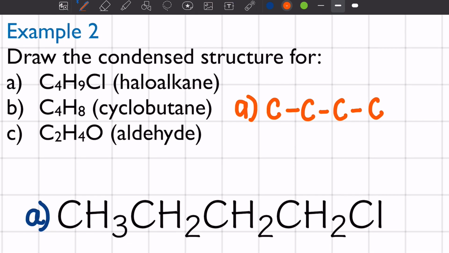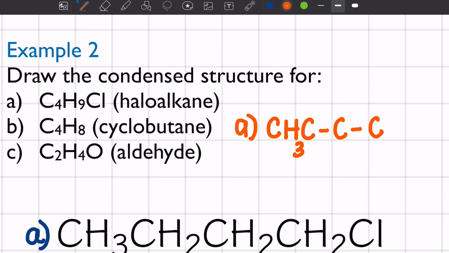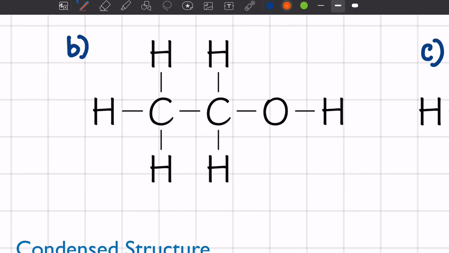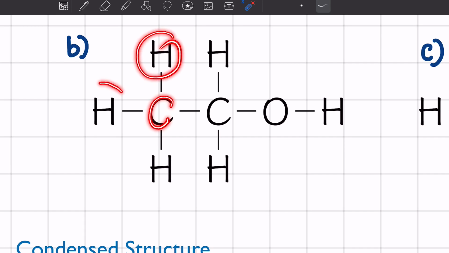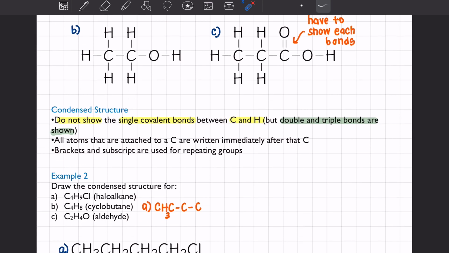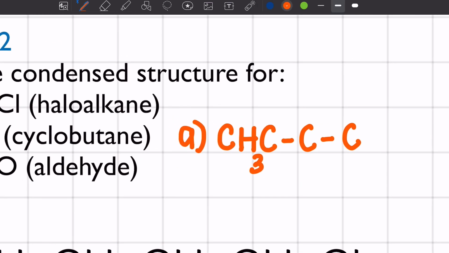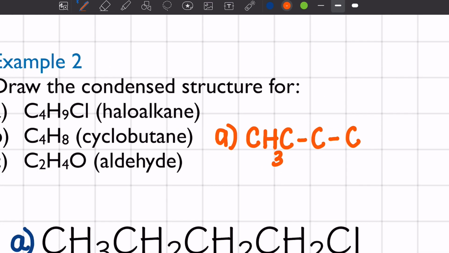Lepas tu, each of the carbon, carbon hujung dia ada 3 hydrogen. Like this, C. Then 1, 2, 3. Sebab dia duduk dekat hujung. CH3. Lepas tu, carbon yang kedua, CH2. CH2. Then Cl.